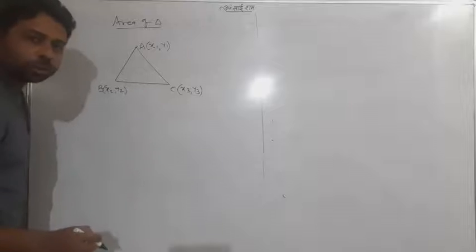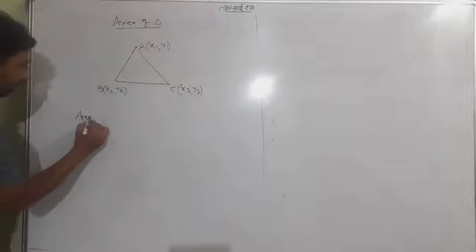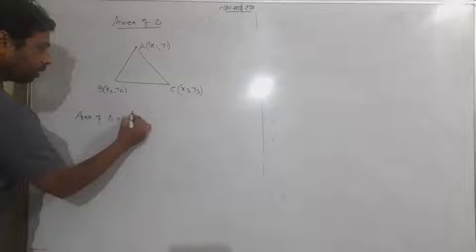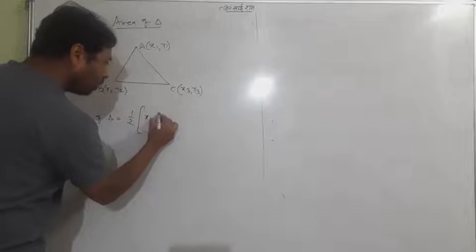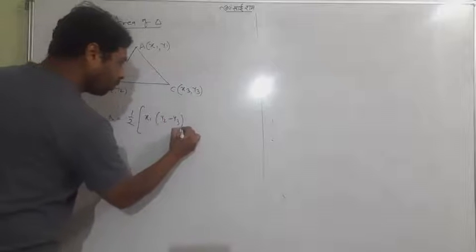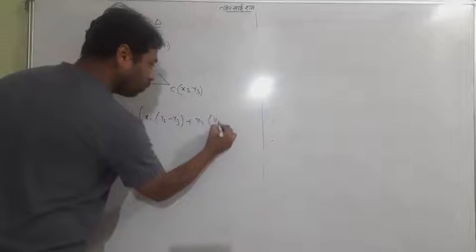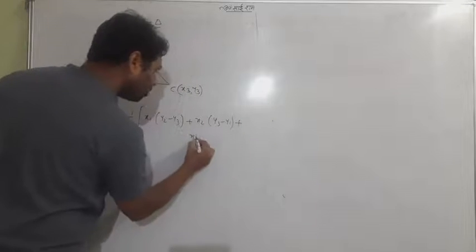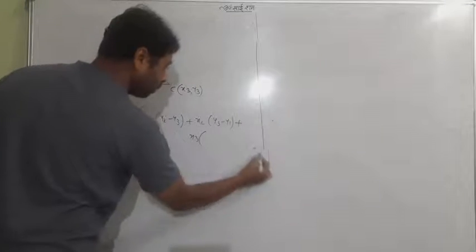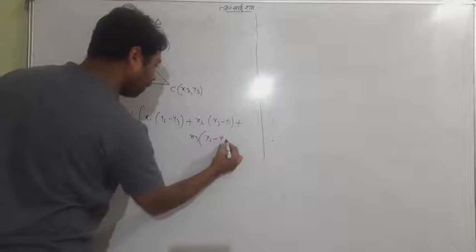So without derivation I tell you that the area of the triangle is given by half into x1 (y2 minus y3), plus x2 (y3 minus y1), plus x3 (y1 minus y2).